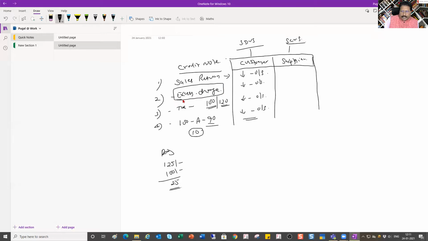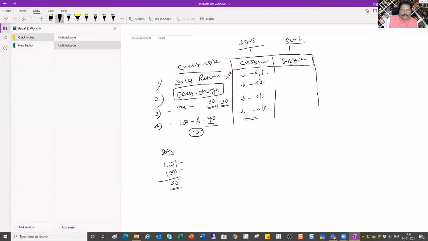Let's assume that you have made a purchase, and the supplier is actually supposed to charge you 100 rupees, but by mistake, has charged you only 90 rupees. Now your supplier is going to raise a debit note. I will explain what this debit note is.